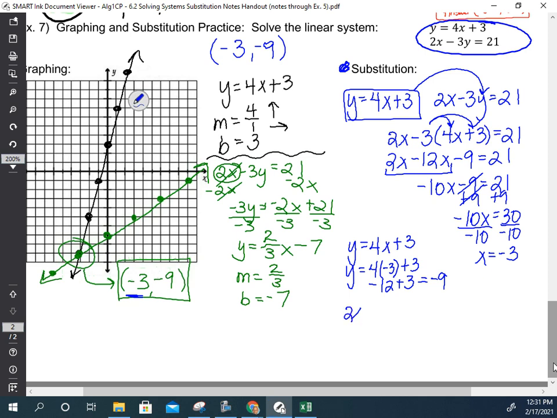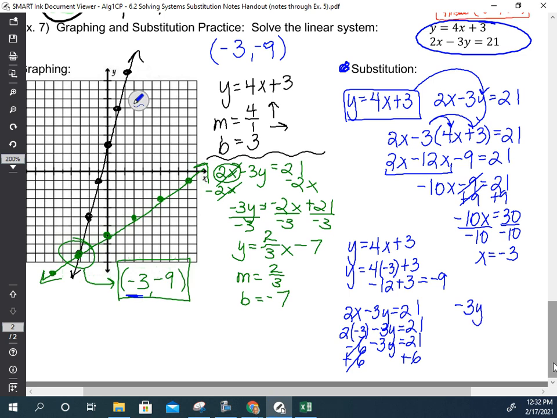If you use the other equation, two times -3 is -6. Add 6 to both sides.